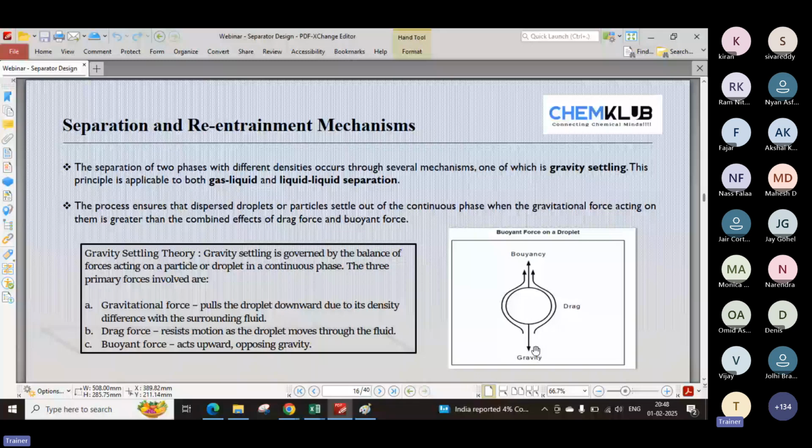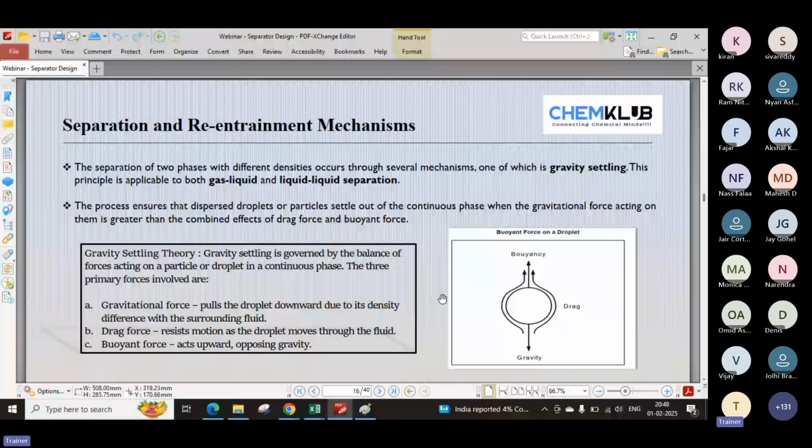The drag force is nothing but the resistance that occurs when the fluid tries to move across the surface of any medium. Like rain falling from the clouds: it may be a higher diameter particle, but when it travels down there is resistance from the air, and that's why it breaks down into small droplets.